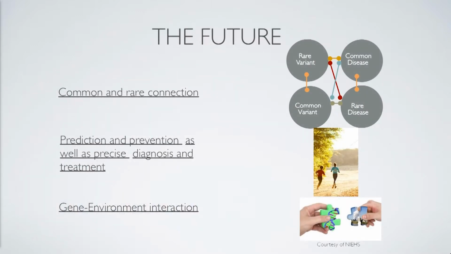In thinking about the future and where some of our research is going, one of the things we're particularly interested in is how we can make the connection between common genetic variants, rare genetic variants, common diseases, and rare diseases. One of the properties we're starting to see from these large-scale population efforts is a hybrid of mutations that contribute to rare diseases but can also contribute to common diseases.